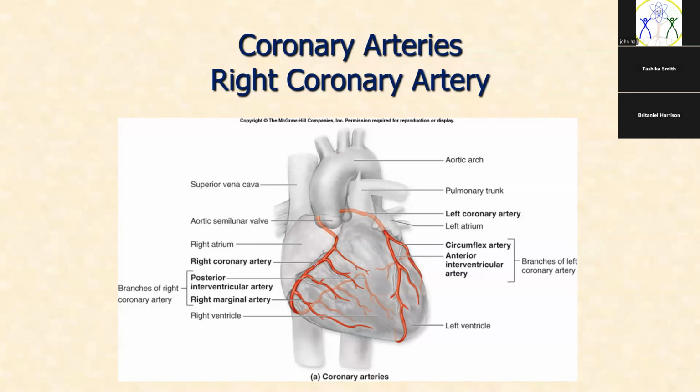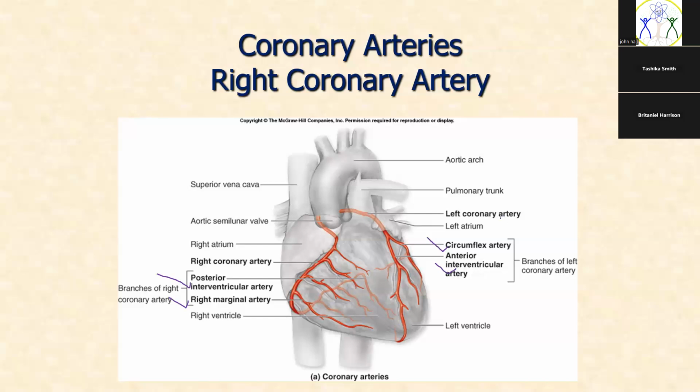And then branching off of the right coronary artery now, you're going to have the posterior interventricular artery and the right marginal artery. On the left side now, the left coronary artery runs down, and then you get this circumflex artery and interventricular artery. So this one branches off and runs down into the interventricular sulcus.